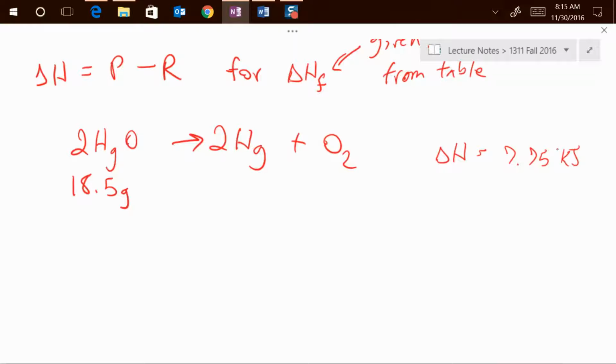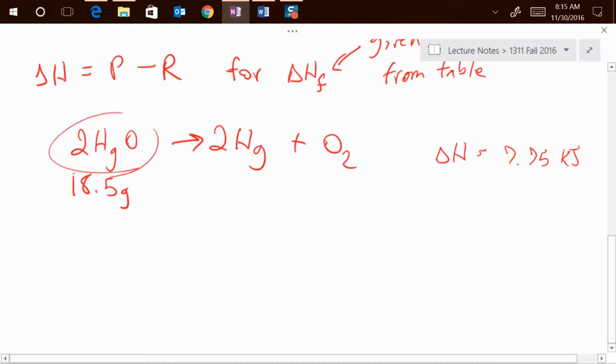Okay, so in this question, they specifically want to know how much energy is evolved. What is the standard enthalpy of formation? Whoops, I'm reading the wrong question. What is the standard enthalpy of formation of mercury oxide?